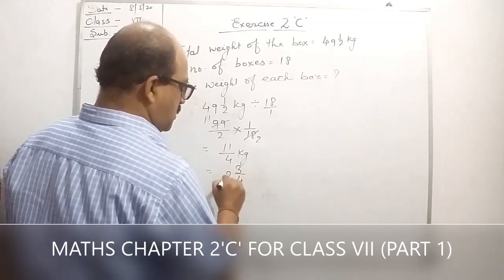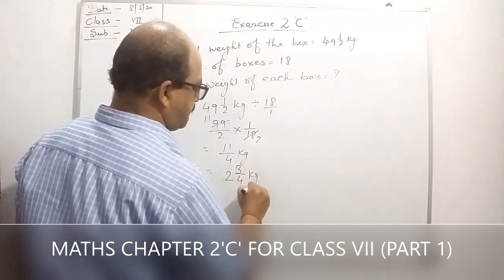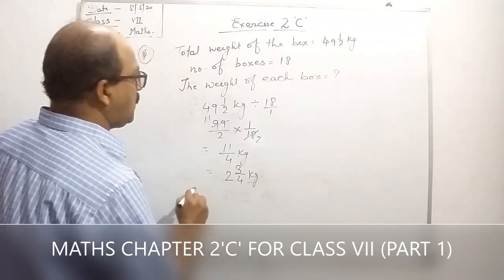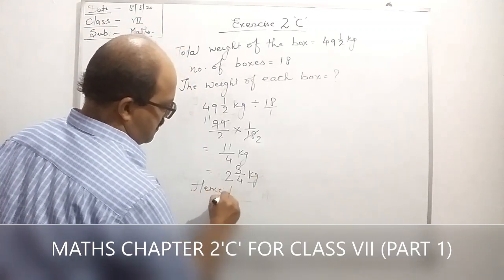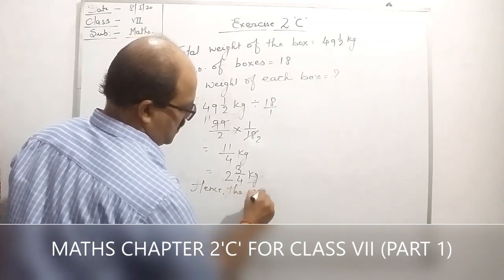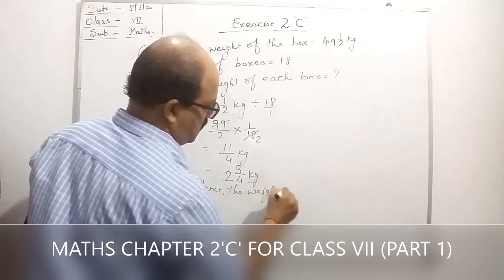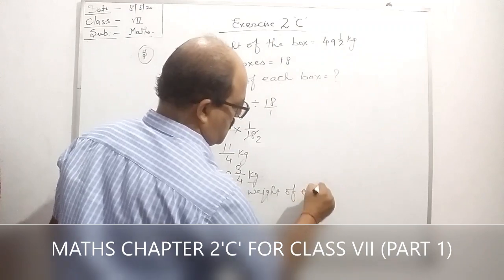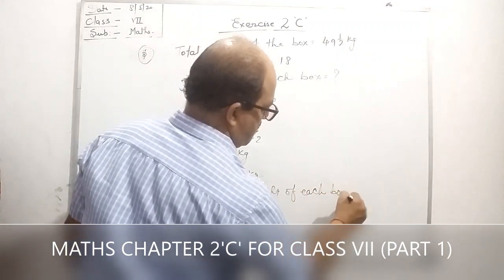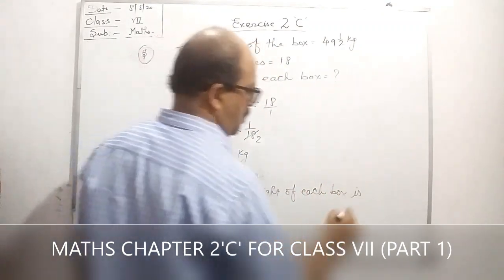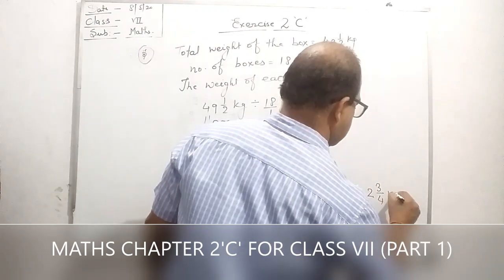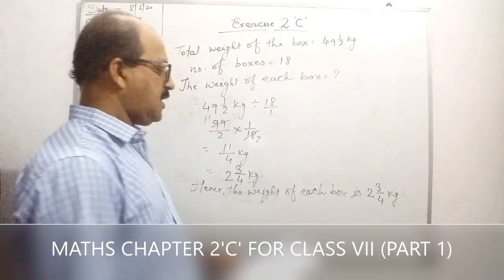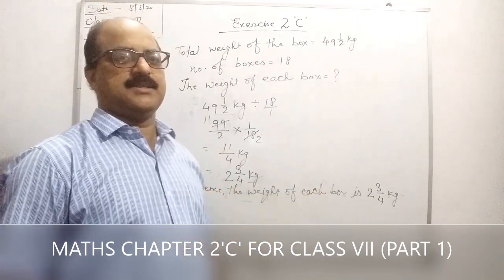So 2 whole 3 by 4 kg. Hence the weight of each box is 2 whole 3 by 4 kg. This is the answer of it.